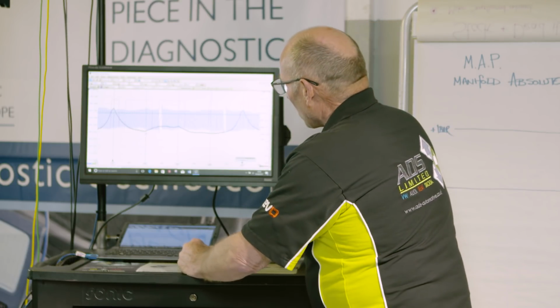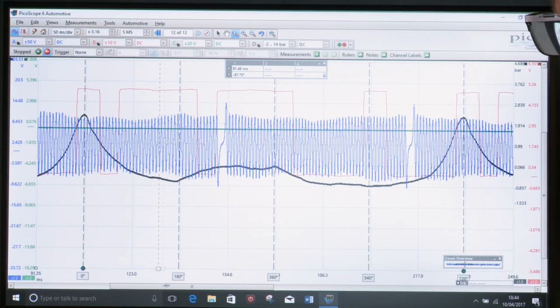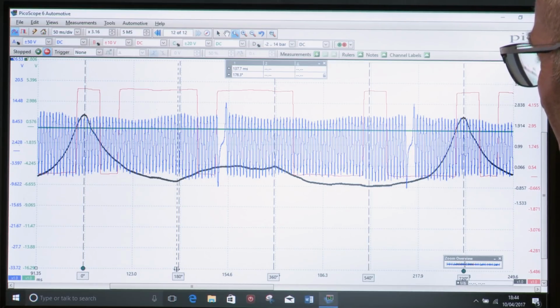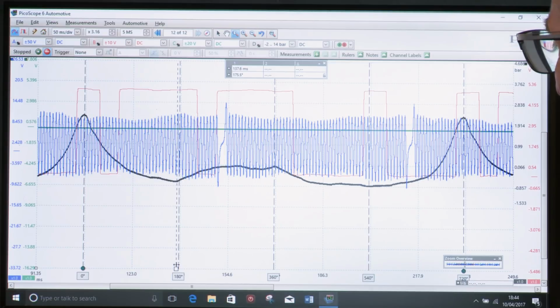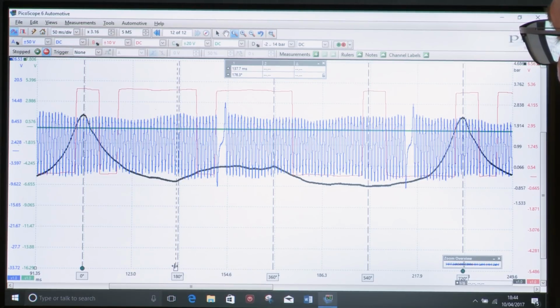So we now know where the exhaust valve opened, and it opened at about that point there. You can see there is, as I say, a degree of estimation. I'll try and do this accurately. About there.